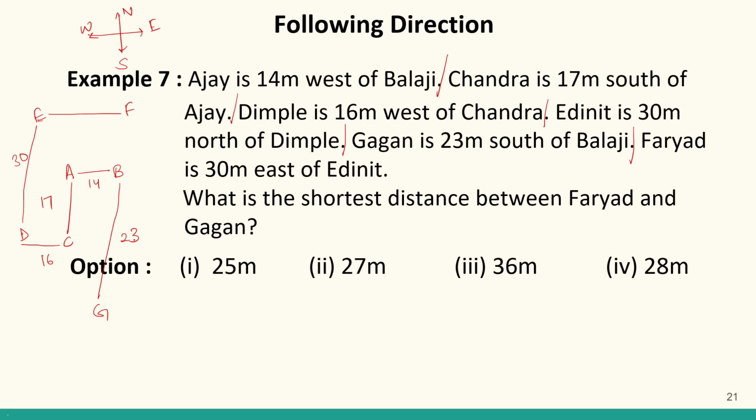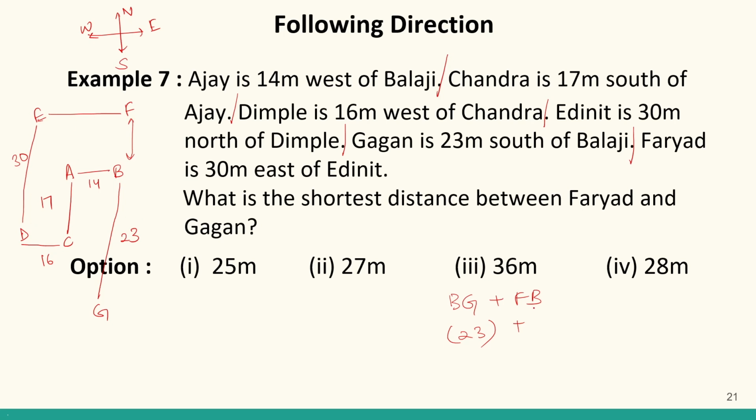Okay. Now, we have to find out the shortest distance between Faryad and Gagan. So over here, the distance between Faryad and Gagan will be between B and G plus between F and B. So B and G we already know is 23. FB, if we look at the diagram, FB will be how much? It will be 30 minus 17.